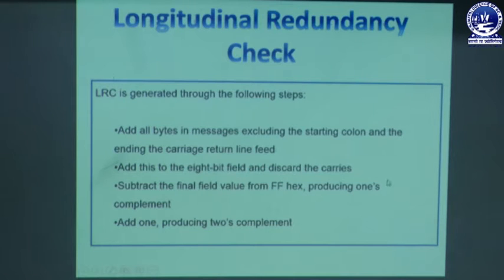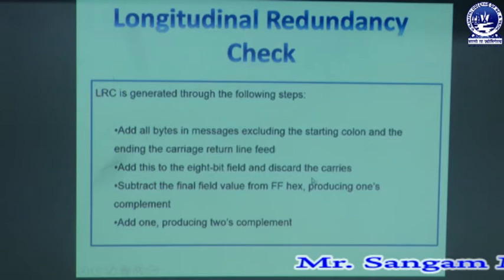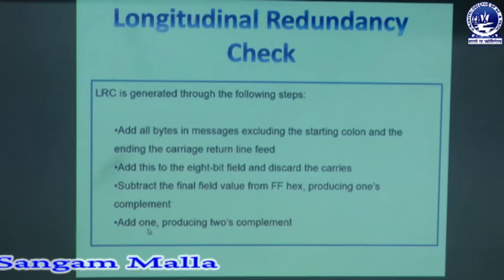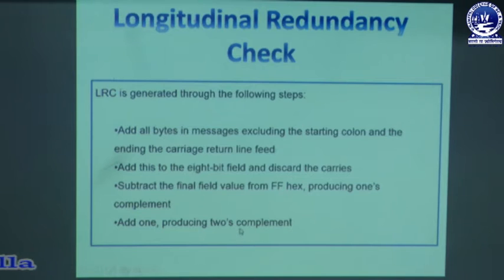Then we produce the 1's complement of the value. After getting the final value, we have to add 1, which will produce the 2's complement of the value that we have extracted from the following steps. In this way we can generate the LRC, and we have to follow these steps.